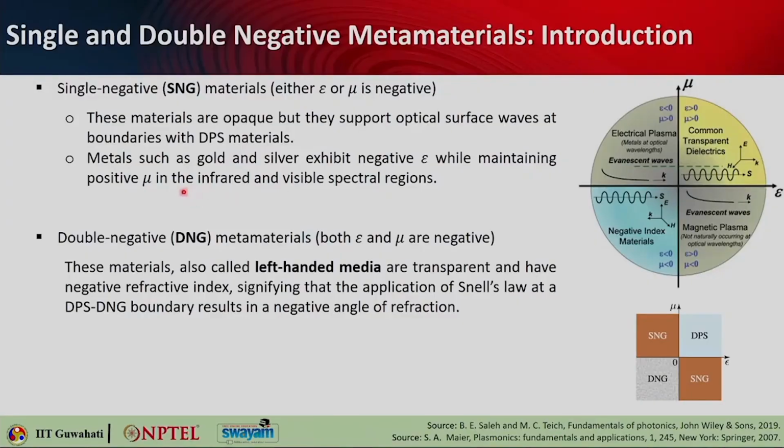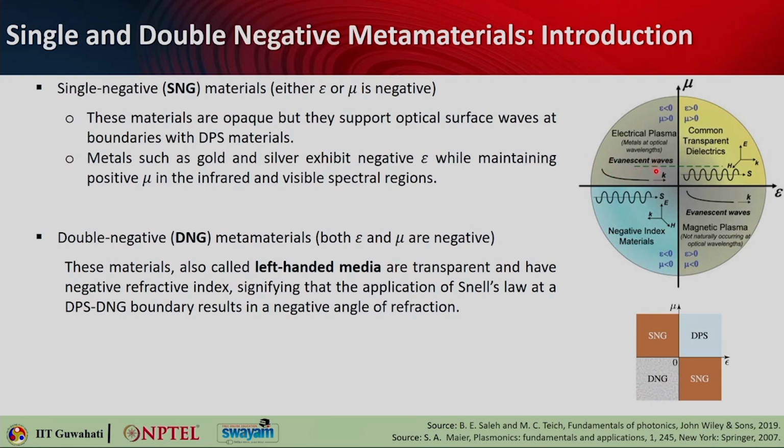So here are the examples. Metals such as gold and silver exhibit negative permittivity while maintaining positive permeability in the infrared and visible spectral region. When we talk about electrical plasma, we are talking about metals at optical frequency, and one thing is that wave propagation is not permitted.